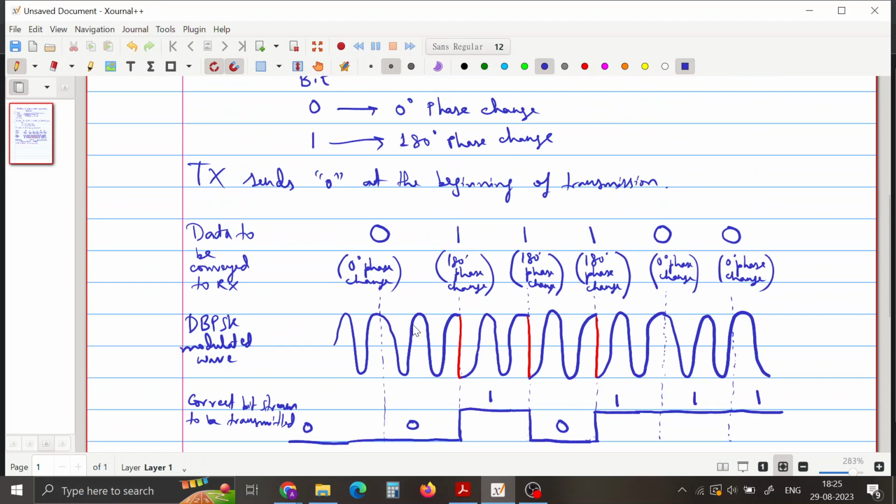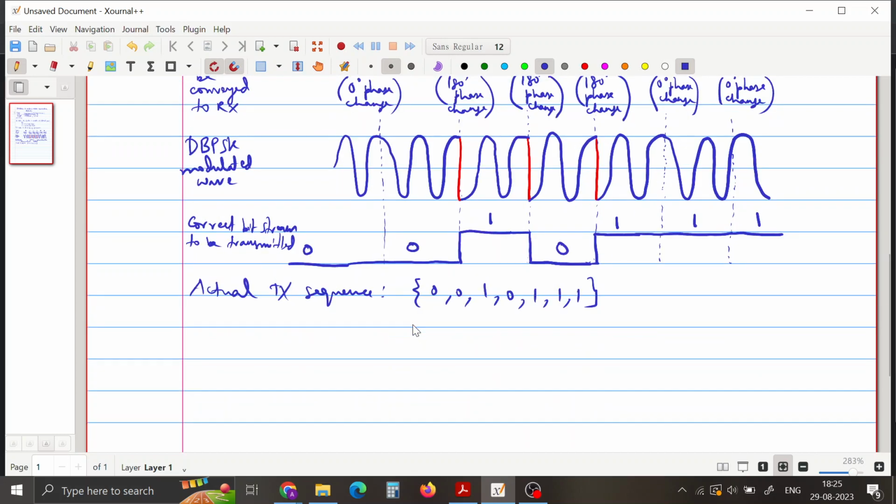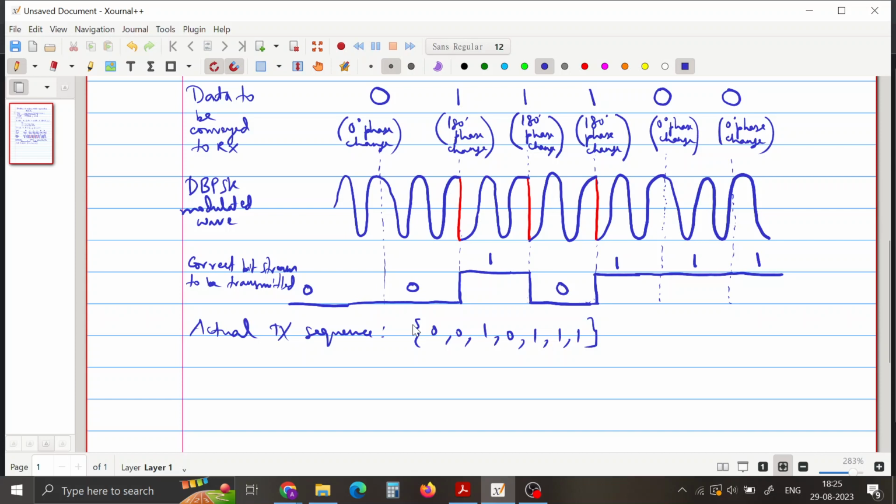Now, all this we have looked at graphically. I hope there is no complication here, but if you want to do it very quickly, you see what's happening here.